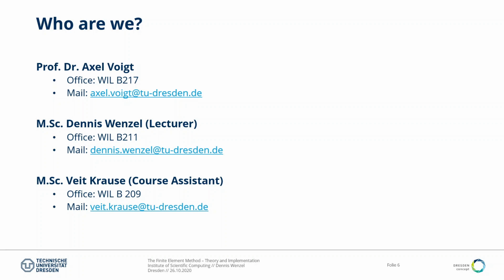Of course, you can also email me or ask questions in any other way. And the assistant of this course, who is responsible for everything related to tutorials and assignments, is Veit. He has an office two doors down from mine. And of course, if there are questions about those topics, just ask one of us, so we can always help you, and we are glad to help you.